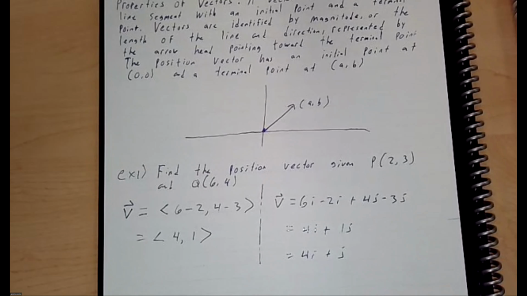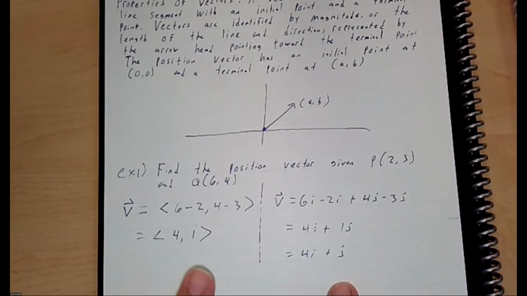So i and j would be the two-dimensional components. If you do 3D vectors, you're going to have a k component. They're going to expect you to understand both.